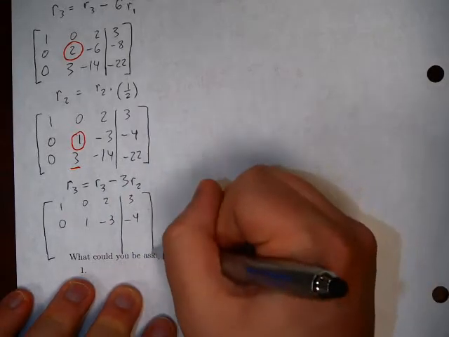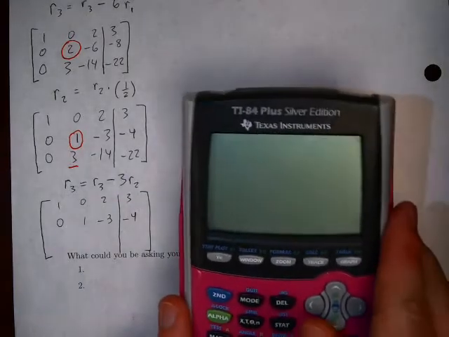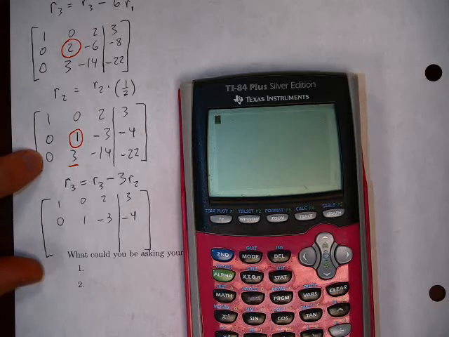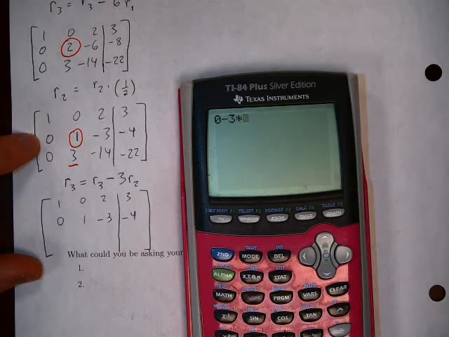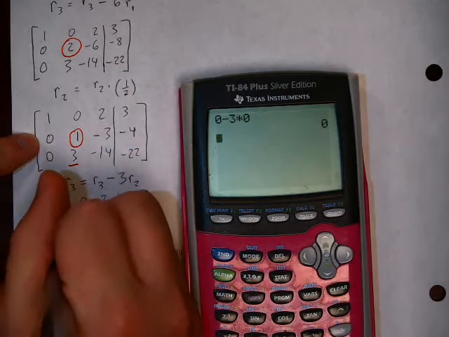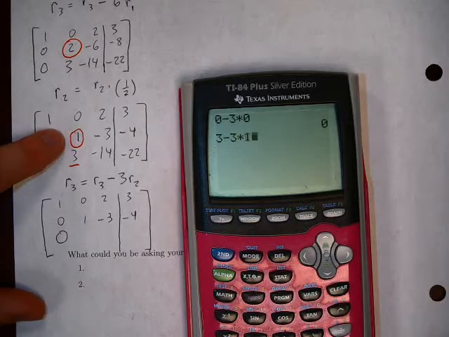Now for each of these, I'm going to set the calculator next to us so we can verify. What we're doing is taking the entry in row 3 and subtracting 3 times the entry in row 2. So 0 minus 3 times 0, probably didn't need a calculator for that. That'll end up being 0. Next entry will be 3 minus 3 times the entry above it, which is 1.